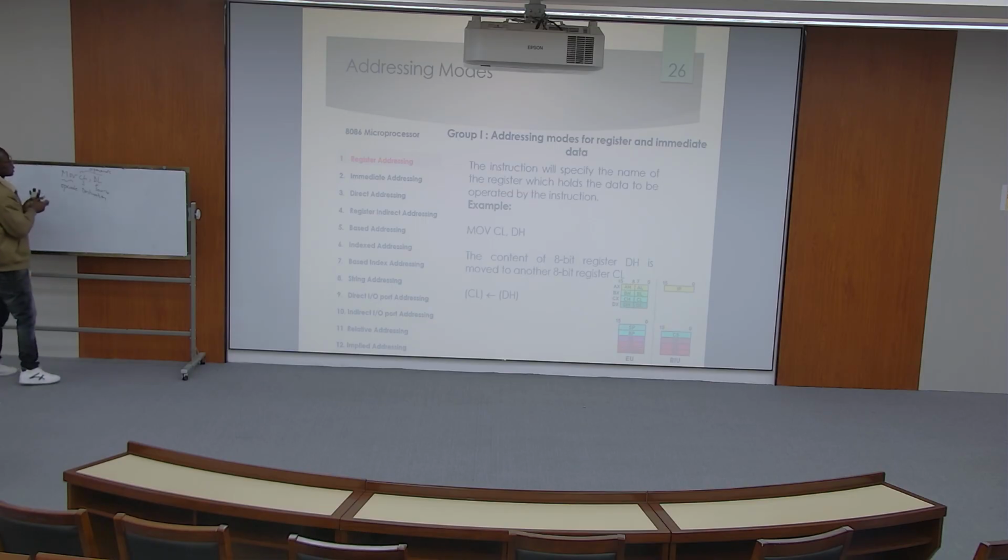Another register addressing mode example is to move, for example, MOV CX, DX. This means that a 16-bit register content is going to be moved into a 16-bit register. But is this correct?